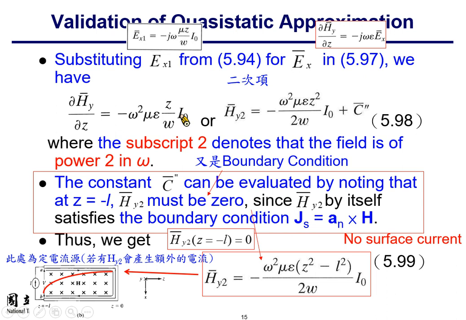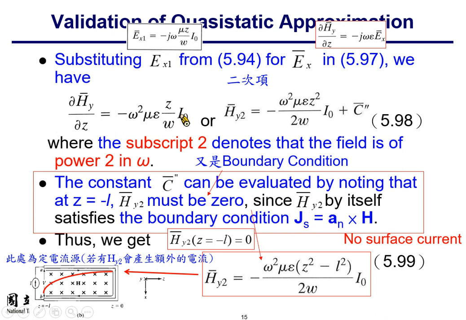Because the magnetic field Hy2 is proportional to the induced current. So you are free to produce currents anywhere inside this structure except at the very left end. At the left end, the higher order current should equal 0.